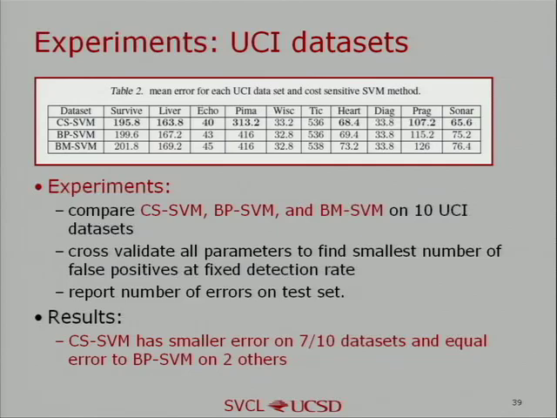Compared to these two competitors, we did experiments on 10 UCI datasets, and cost-sensitive SVM has smaller error on 7 out of the 10 datasets and does equal to bias penalty on 2 other ones.